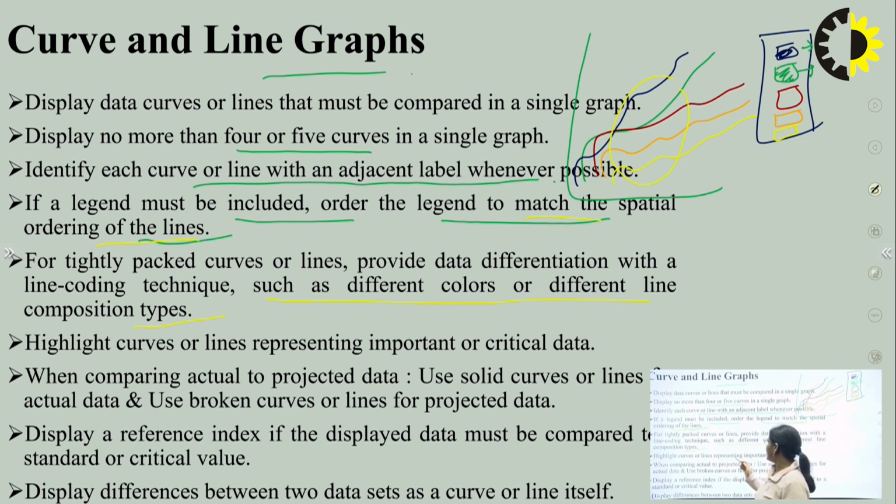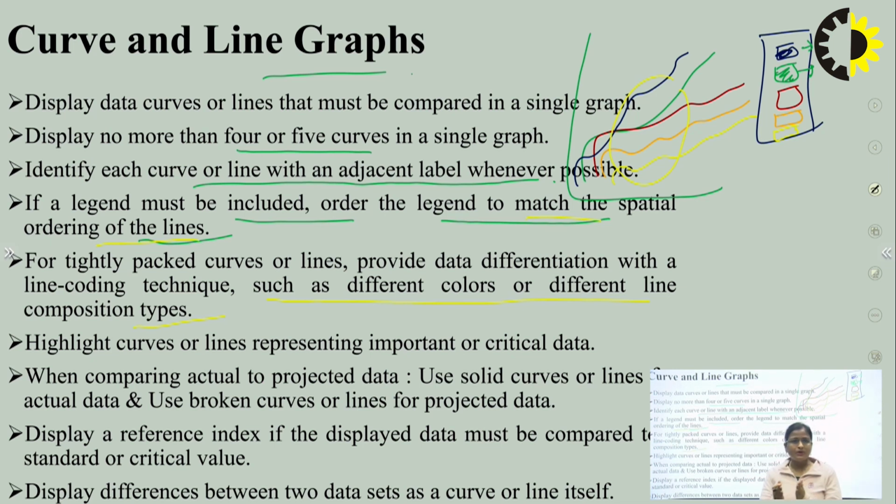Highlight curves or lines representing important or critical data. If we are showing any critical data, then we have to highlight it also. Then, when comparing actual to projected data, use solid curves. Solid curves means a thick line we have to use for actual data, and use broken curves or lines for projected data.